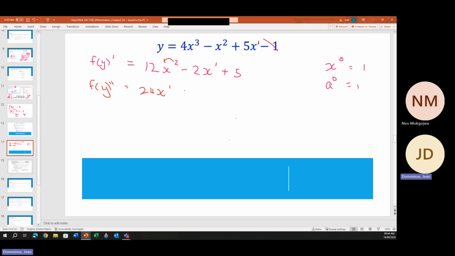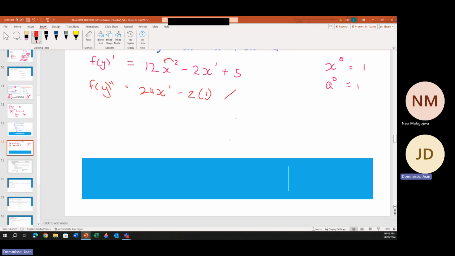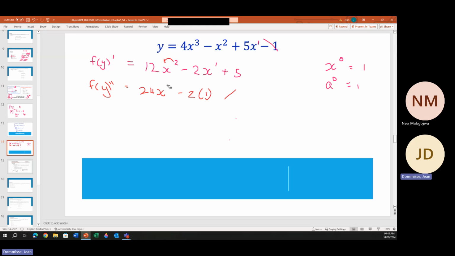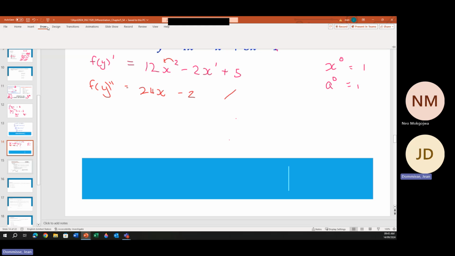The 1 goes to the front, then x to the power of 1 minus 1 is 0, so it is 2 times 1, and that constant falls away. So we basically have 24x minus 2. Okay, and then we do the third derivative.